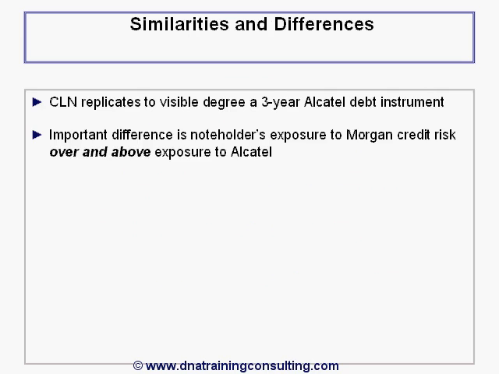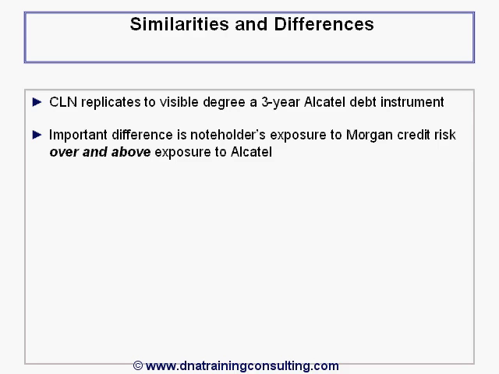You can also probably see that some differences exist between this note and a theoretical 3-year bond issued directly by Alcatel, not least of which is the exposure of the note holder to the credit risk of JP Morgan over and above that of Alcatel.